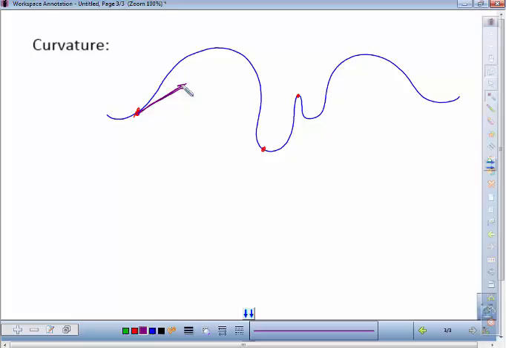And since you can parameterize things any way you want, these lengths can be long and short and can be a little confusing. So we're going to take a look at the unit tangent vector, because then we know it has unit length, and we're more focused on the direction than on the length of the tangent vector.